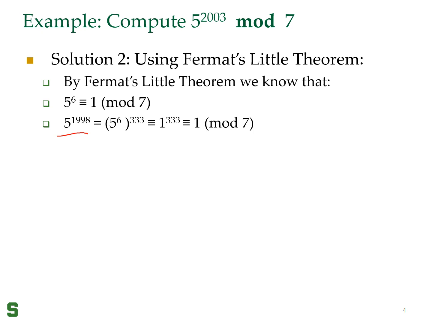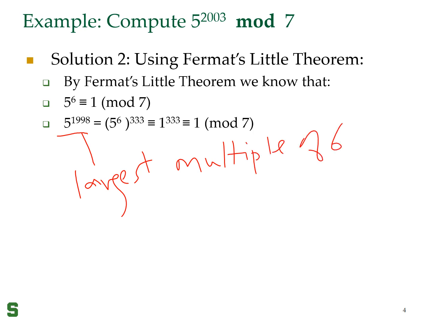Now where did we choose this number? This is because this is the largest number that is a multiple of 6, and 6 came from here, that is less than or equal to 2003. So we have 5 to the power 1998 is 1 mod 7.